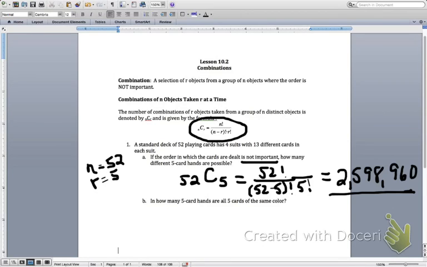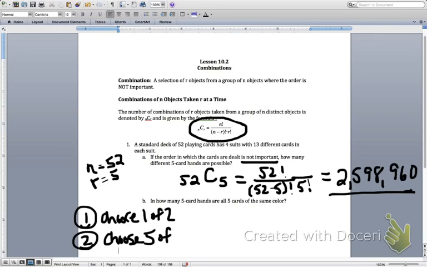So for that to happen, 2 things have to happen. The first thing is you must choose one of 2 colors. The second thing that has to happen, you must choose 5 of the 26 cards of that color.